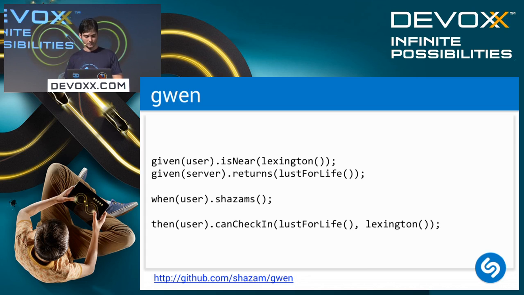Over time, importantly, once you have written enough of these, in general, you will have a dictionary of steps that you can then reuse for the rest of your tests. So if you think about the server returning a known result or the server Shazamming, of course, these are very common, and already we have 50% of the steps to reuse in other tests. So that's pretty powerful.